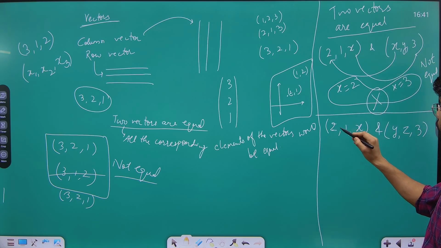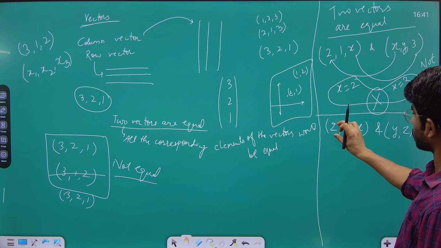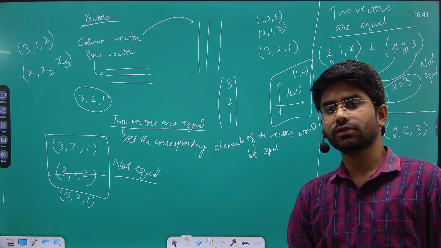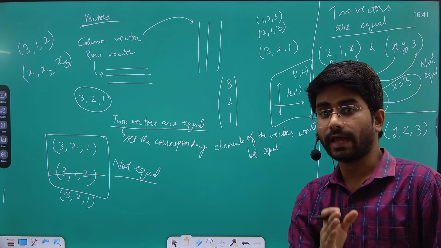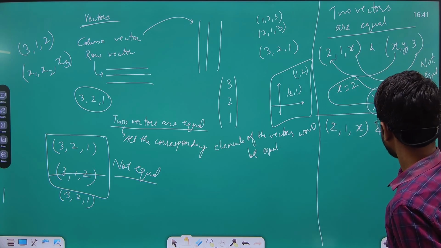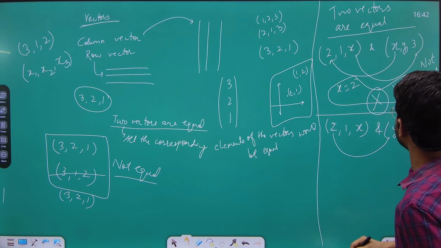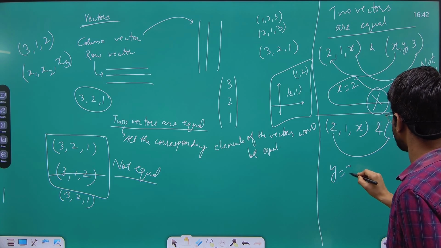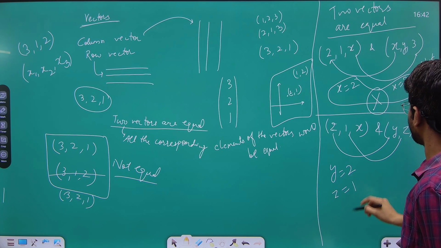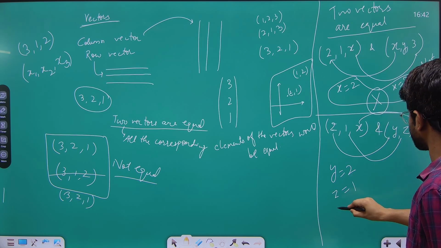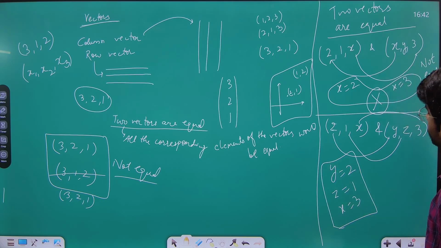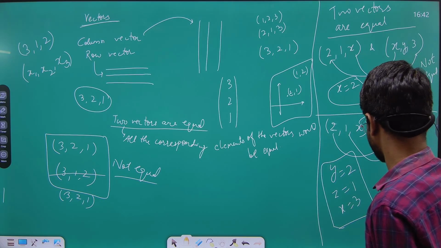Since you know the two vectors are equal, that means the corresponding elements of the first vector should match the corresponding elements of the second vector. Okay, that means if you compare the first elements, you will have y equal to 2. If you compare the second elements, you will have z equal to 1. If you compare the third elements, you will have x equal to 3. Okay, so this is the case of equality of two vectors.